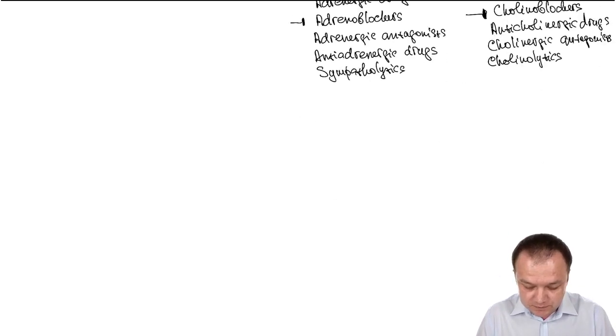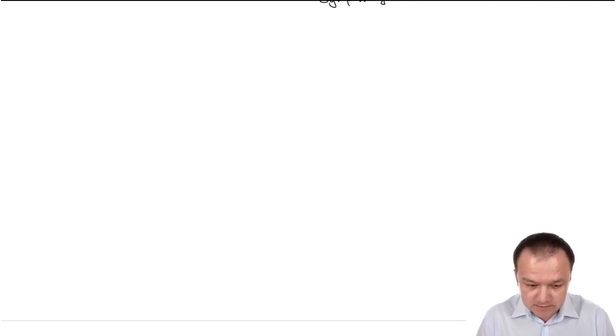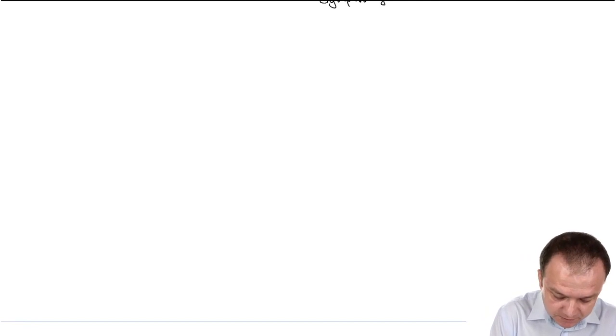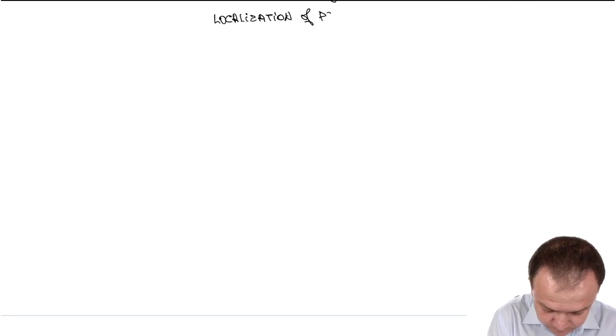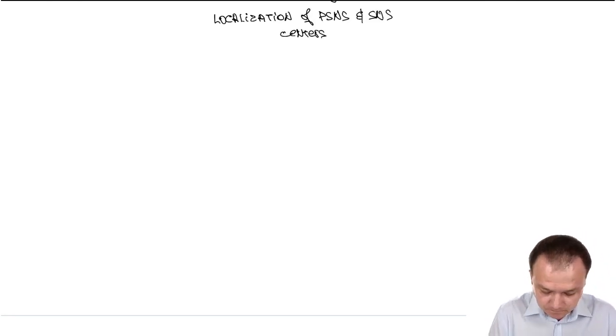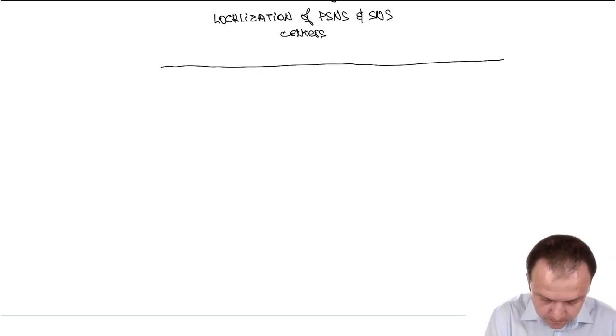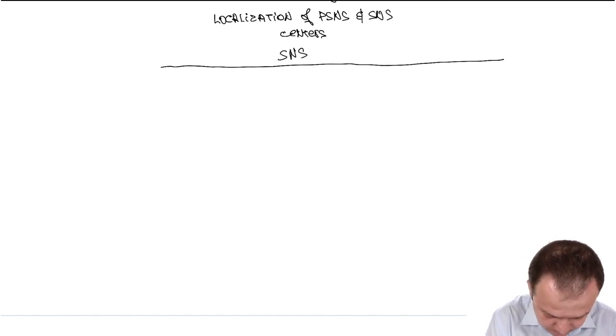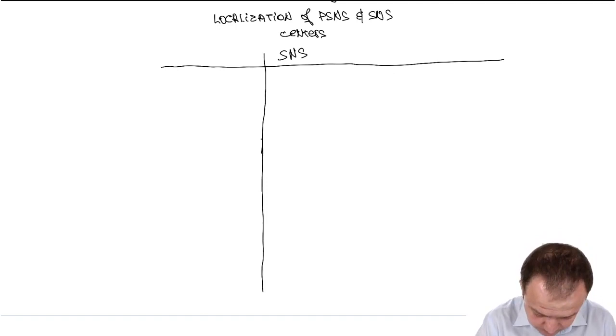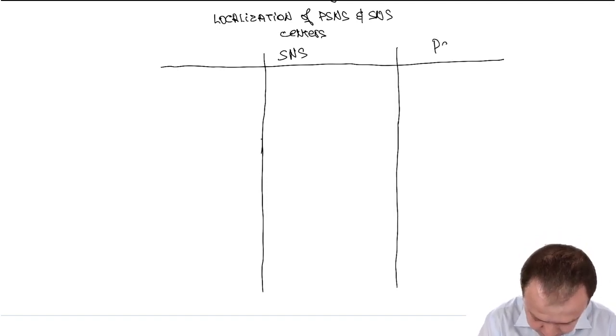Let's say a few words about the localization of sympathetic and parasympathetic nervous system centers. Localization. Let's make a kind of table. Let's put here sympathetic nervous system, and here parasympathetic nervous system.